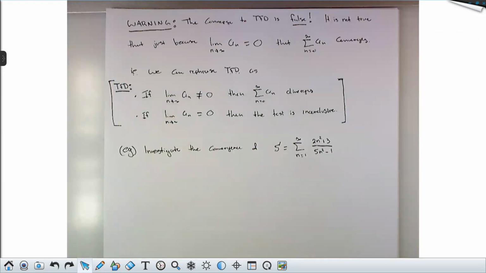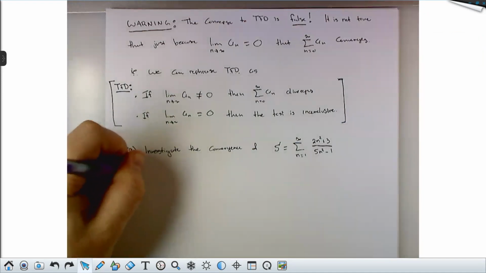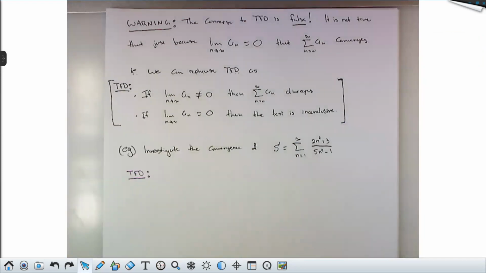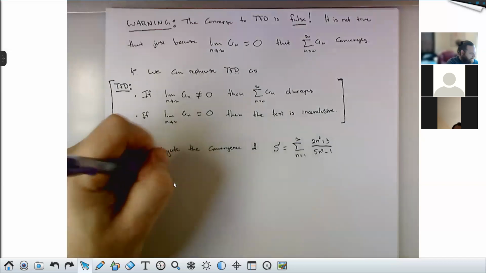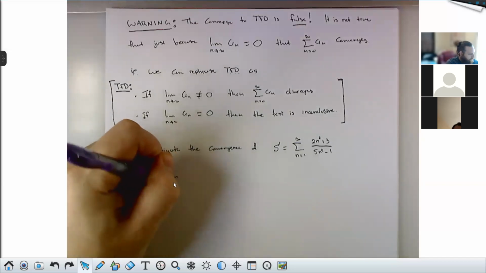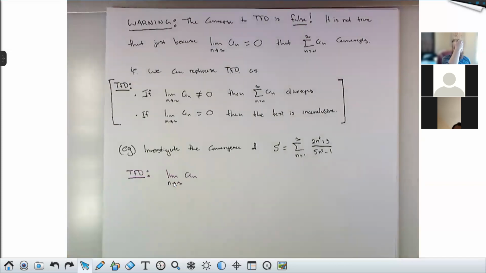So here's how you do this. You tell your reader what test you're going to use. Always. We're going to have many, many tests. You tell your reader what test you're going to use. I'm going to use TFD, the test for divergence. Then you write down, in general terms, the object of the test without plugging anything in.